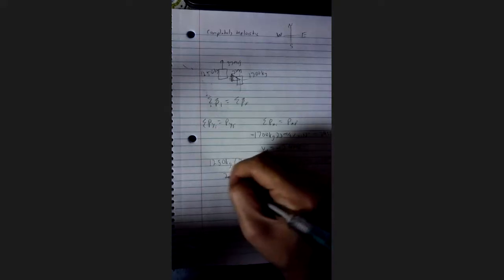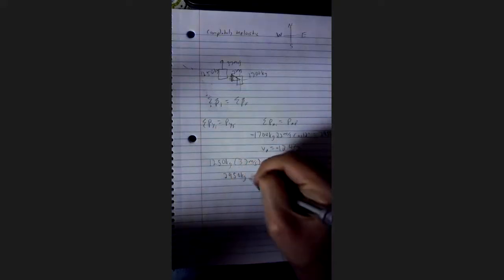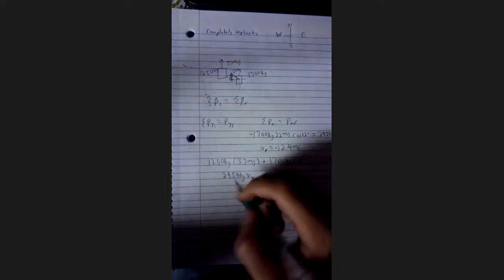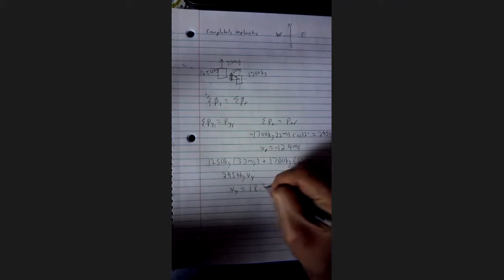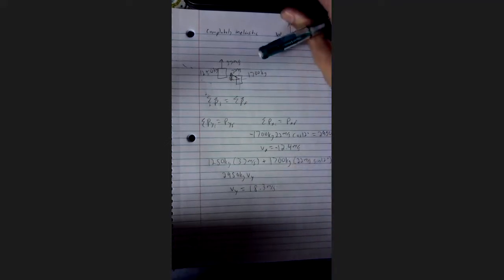So we use our combined mass again, times its velocity in the y direction. If I divide by this, I can find the y part of our velocity, and we can find that it's 18.3 meters per second.